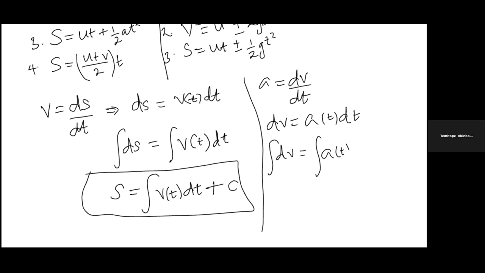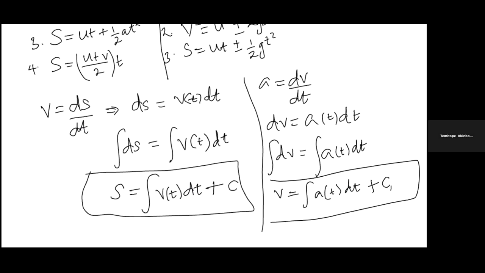So integrating dv gives v equals integral of a(t) dt, also plus a constant of integration. So if you were given an acceleration function and you are asked to find the speed or velocity, this formula will help you with that. Am I communicating? Yes, sir.